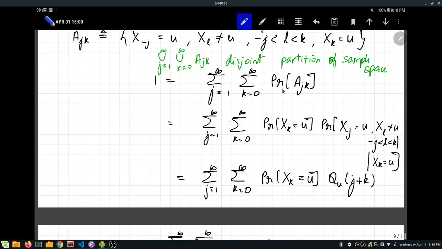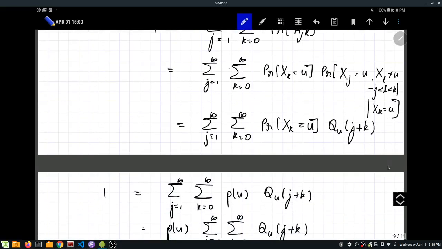But you can also write the probability of A_jk as the probability that X_k equal to u, times the probability that X minus j equal to u and X_l is not equal to u between minus j and k, conditioned on X_k equal to u. This is just basic conditional probability. But what do we know about the second quantity?